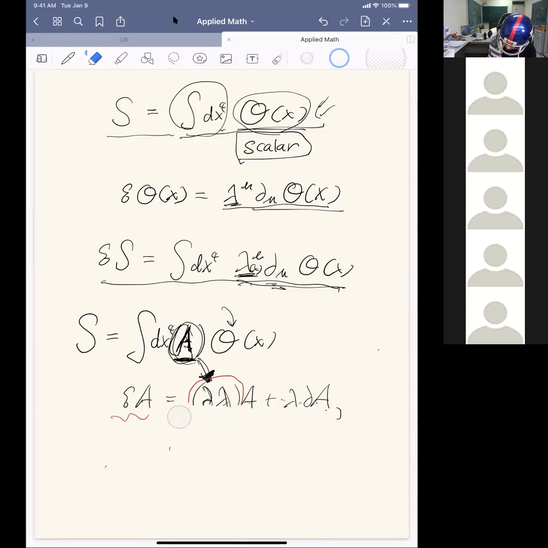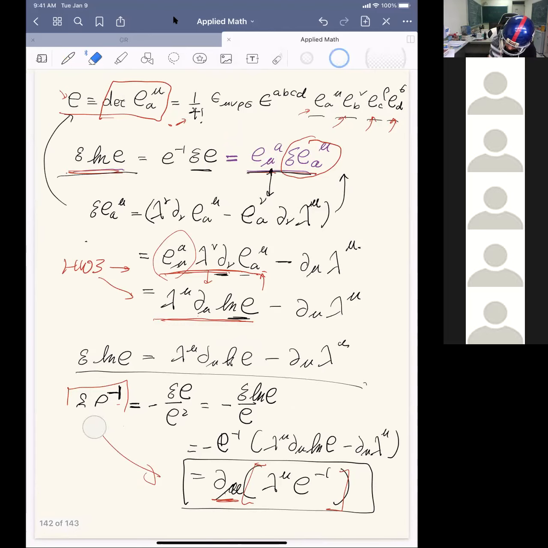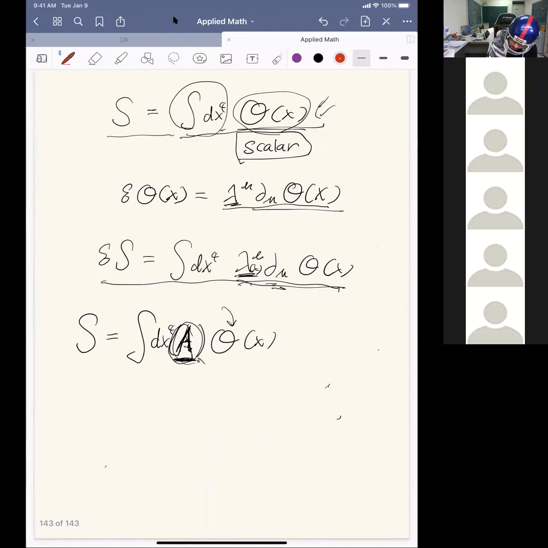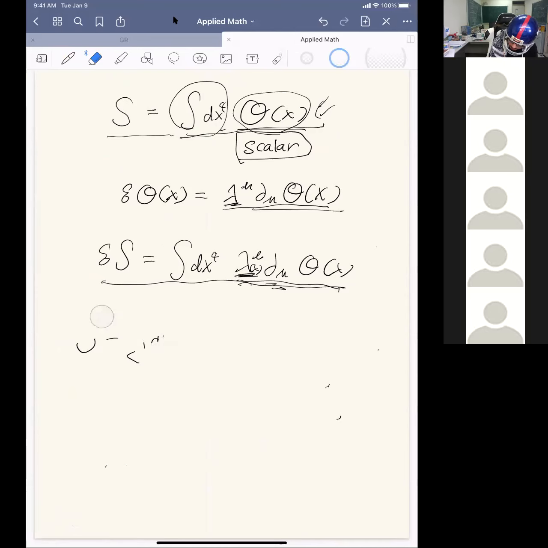Because we've already shown previously that the variation of the inverse determinant of your Vielbein is given by the total derivative acting on the lambda, the variation parameter, plus the inverse Vielbein itself. Okay, so that means we're finally here. So the first punchline: our A is just E inverse.